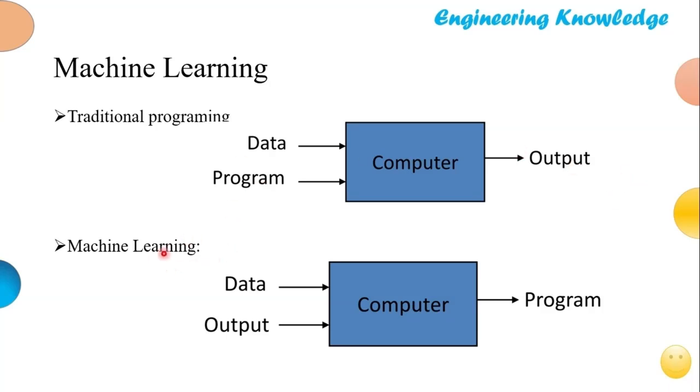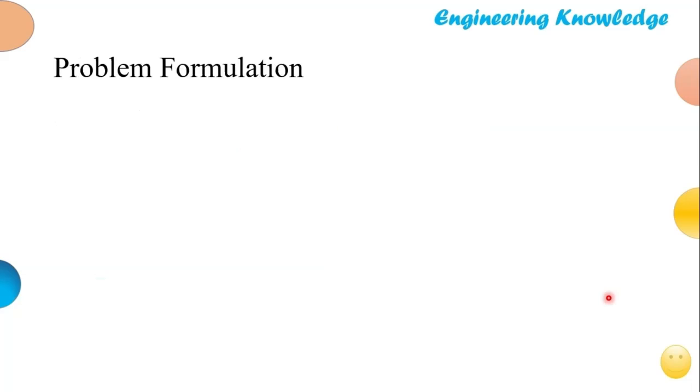While in machine learning, and deep learning is a subset of machine learning, the computer is given a set of inputs and outputs, and the computer identifies the function that has mapped the input and the output. So basically, these are features and these are labels. Features are inputs and outputs are labels. In machine learning, the features and the labels are given, and we try to find the function that maps these two.